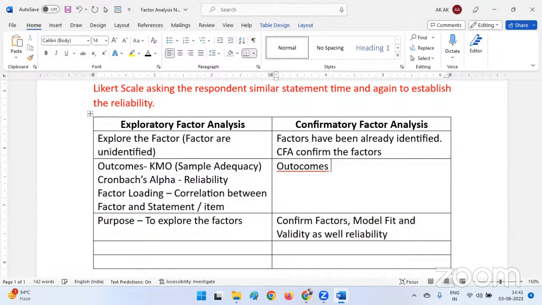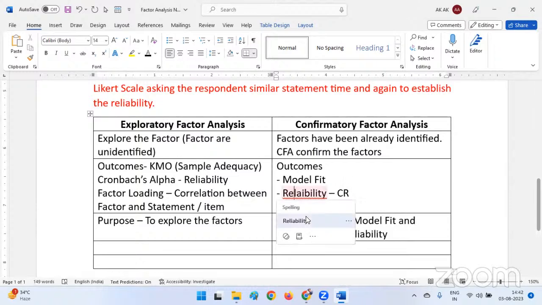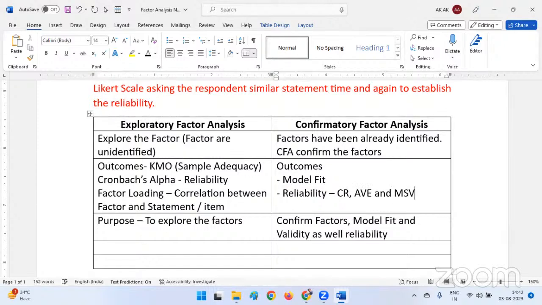So what are the outcomes of CFA, confirmatory factor analysis? Now see, factors have already been prepared by exploratory. So confirmatory does what? Model fit. Whether the scale has good model fit or not. In model fit, there are certain parameters we need not discuss because this is not part of our syllabus. After model fit, we check the reliability with the help of CR, that is composite reliability, and AVE and MSV.